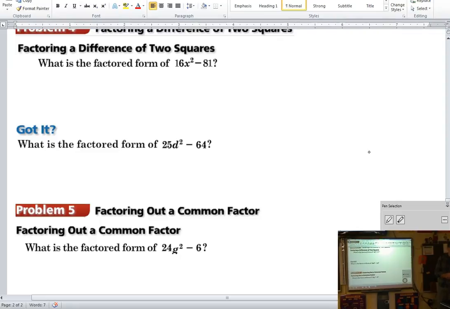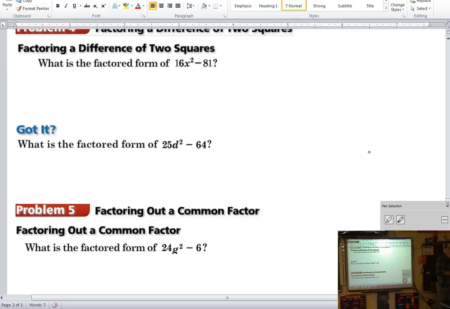What happens, go to Michelle, when there's a coefficient on the x squared for a difference of squares? Well, then that coefficient, the square root is 4, so you can do 4x minus 9 times 4x plus 9. Could I do 16x and 1x?